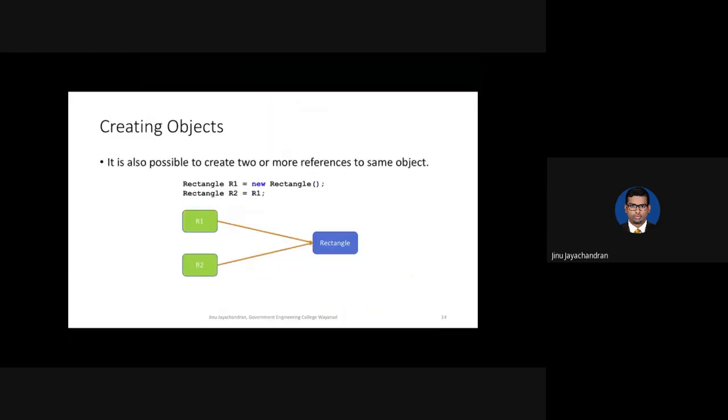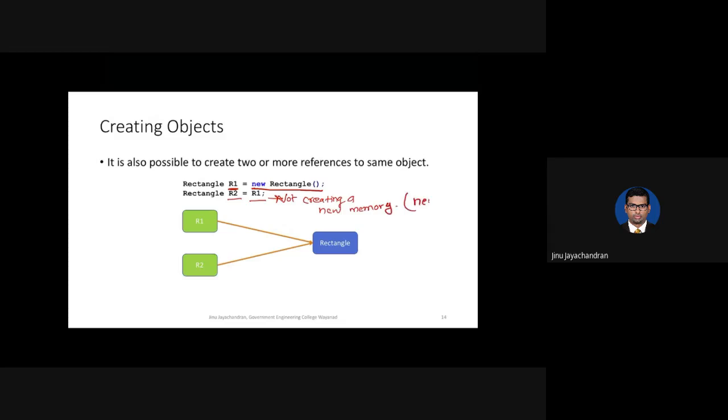But now let's say I created R1 with new Rectangle. Fine. Then I say R2 equal to R1. ഇവിടെ ഒരു കേസിൽ you are not creating a new memory location. നമ്മളൊരു new കീവേഡ് ഉപയോഗിക്കുന്നേ ഇല്ല ഇവിടെ.